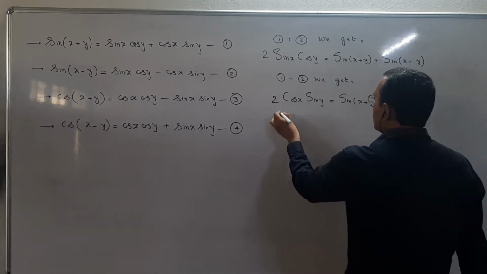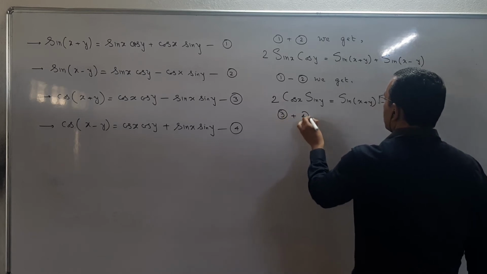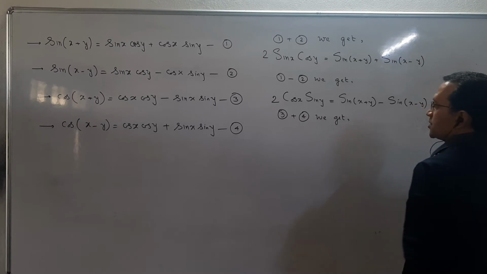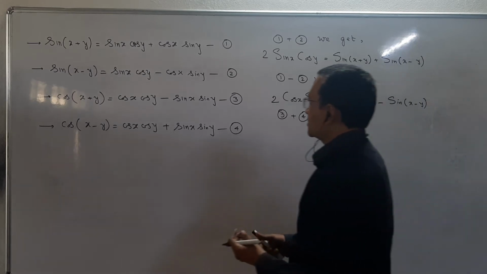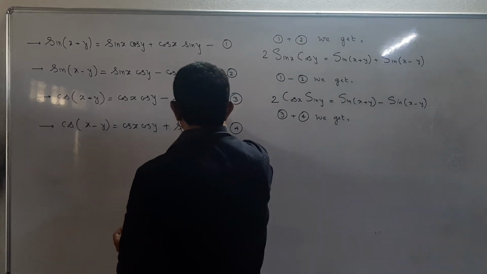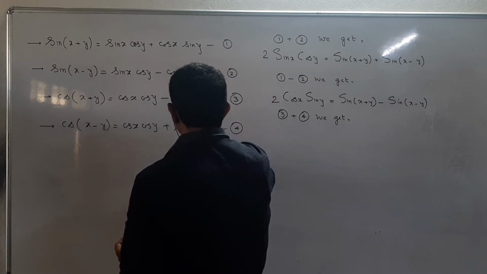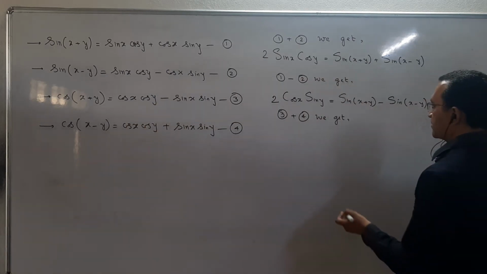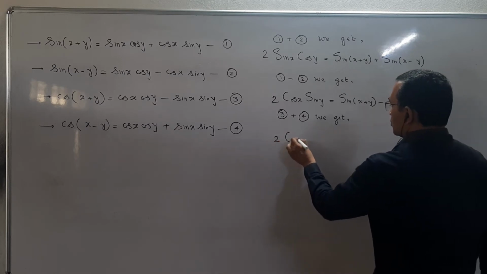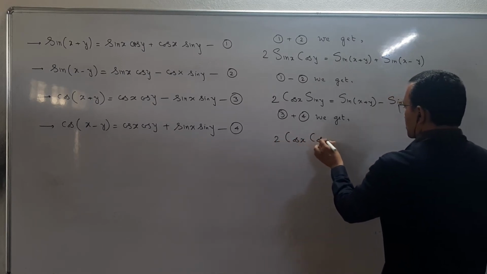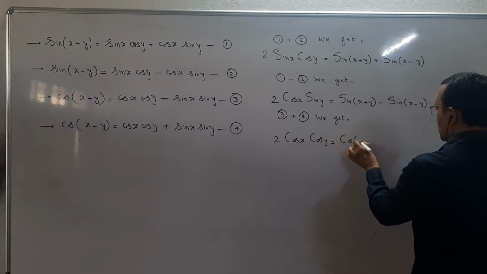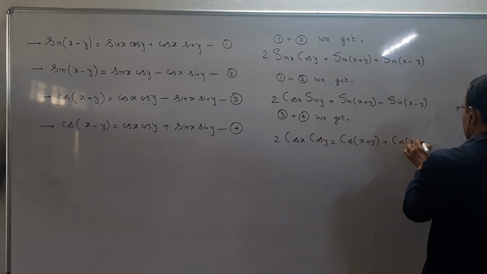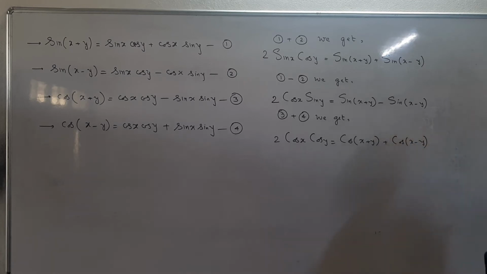Same way, operating 3 plus 4, we get, if I add this, sin x cos y minus and plus gets cancelled. Cos x cos y plus cos x cos y. So 2 cos x cos y is equal to cos of x plus y plus cos of x minus y.